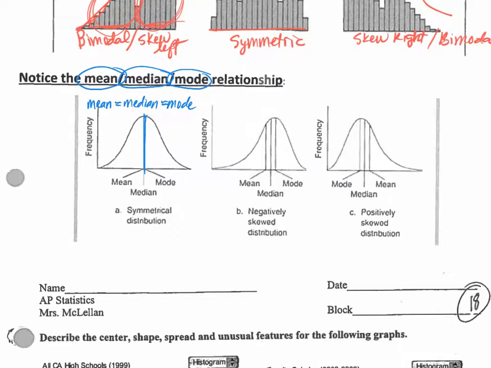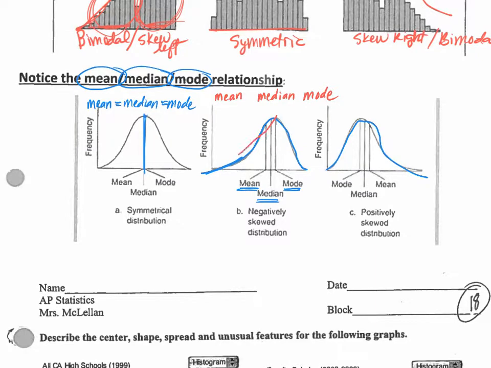But if we had a shape that was skewed left or skewed to the right, then that would be affecting the relationship between the mean, median, and mode. So here's a way that we can remember that. If we write the words in alphabetical order, mean, median, and then mode, look at what you can do.